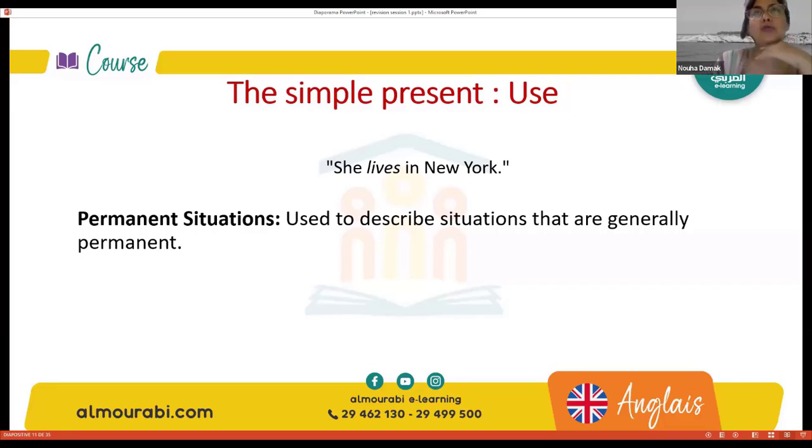Okay, so if we are going to say that she lives temporarily in New York, how do we say it? How are we going to express this? Okay, if we're going to talk about a temporary situation, what are we going to use? Temporary situation is living.